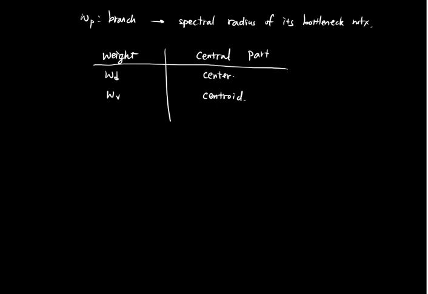And these are special terms in mathematics. And if you use WP, then it is called a characteristic set. And these 3 ideas help you to recognize where the central part of a tree is. And each of them has their own properties.